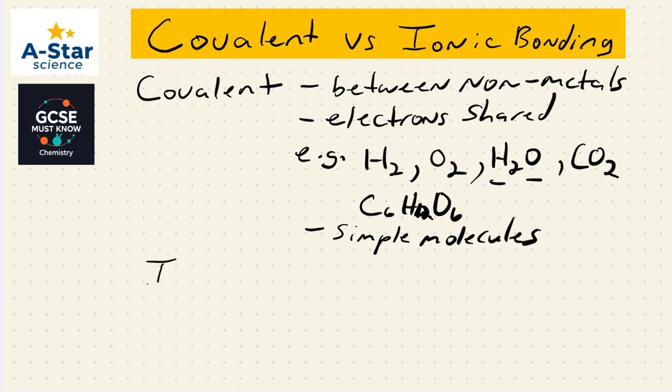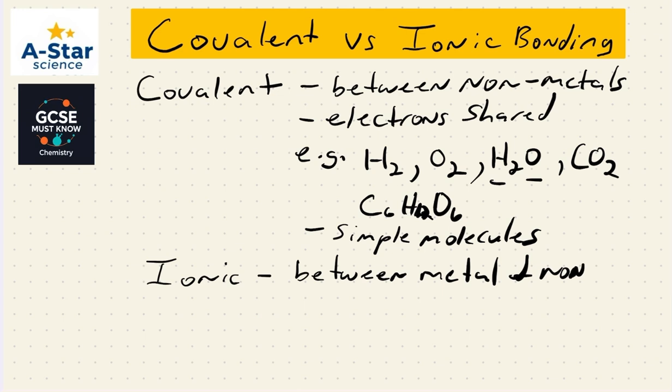Ionic, on the other hand, is formed between a metal and a nonmetal. Electrons are not shared. In this case, electrons are lost or gained.